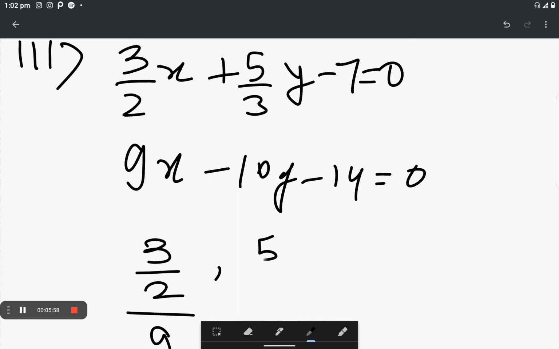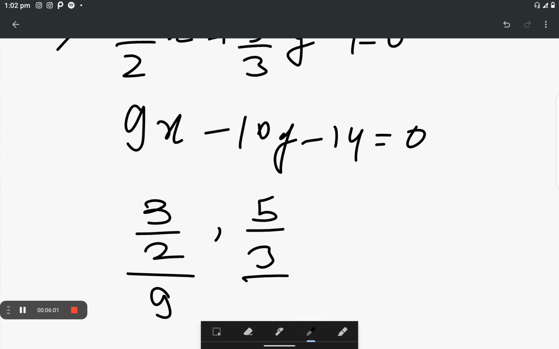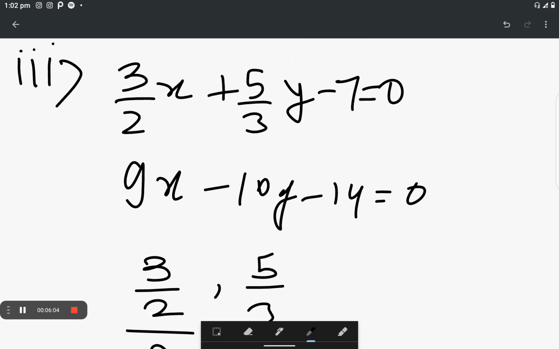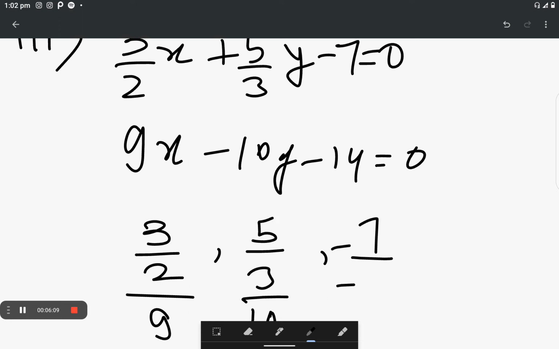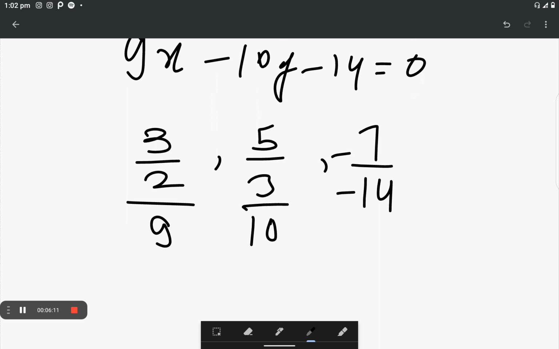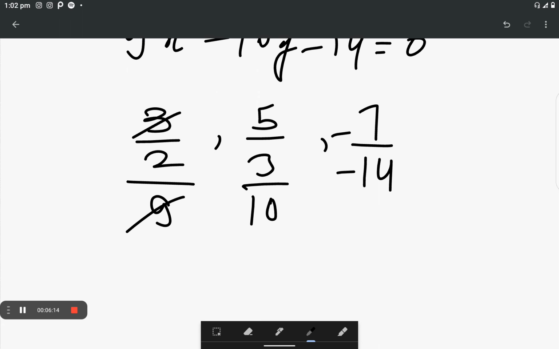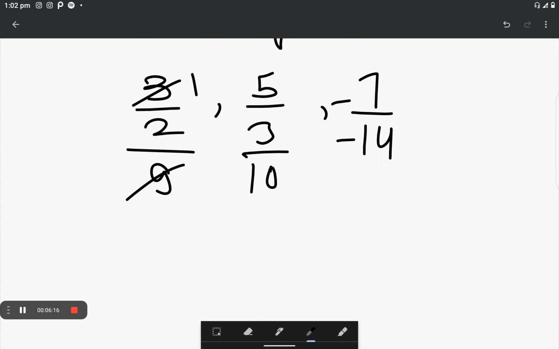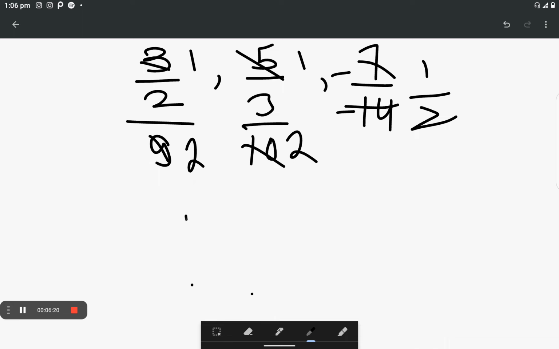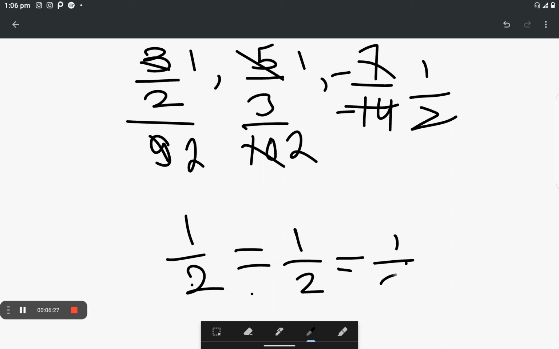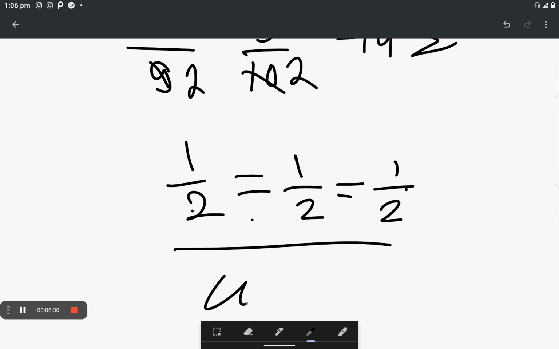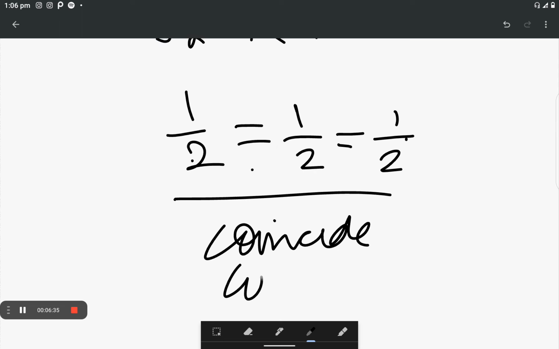B1 upon B2 is 5 upon 3 upon 10. C1 upon C2 is minus 7 upon minus 14. This gets cancelled, and this is 1. So you would have 1 upon 2, equal to 1 upon 2, further equal to 1 upon 2. So the lines would coincide and the solution would be consistent.